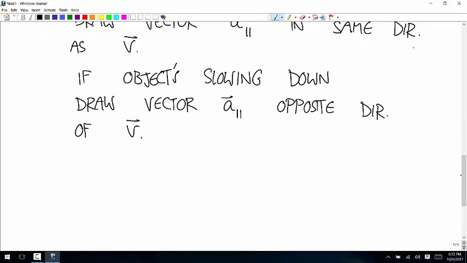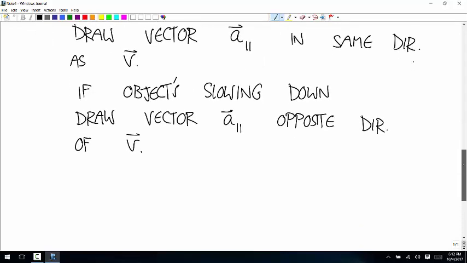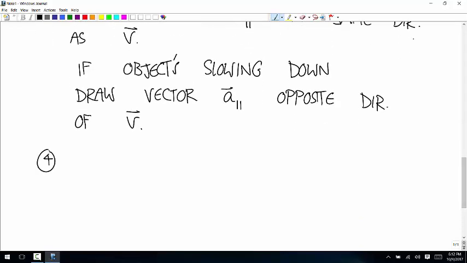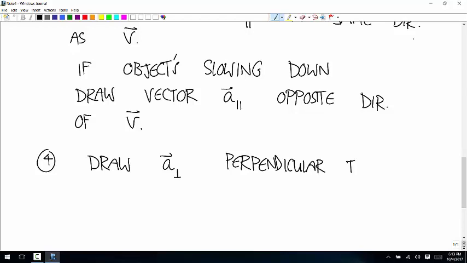And then last, draw A perpendicular. It's perpendicular to the velocity vector, in the direction the object's turning.